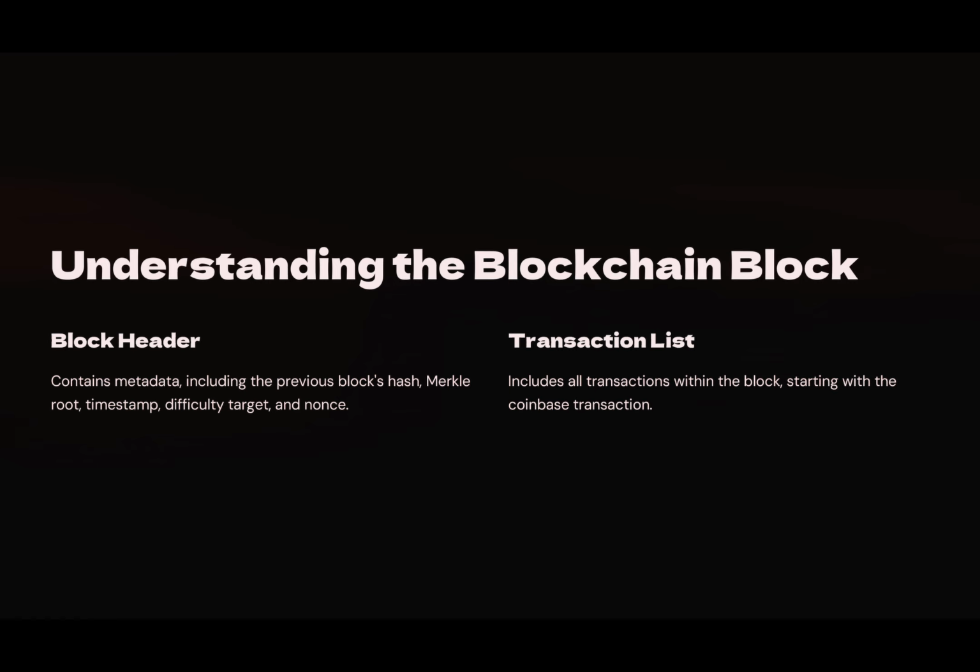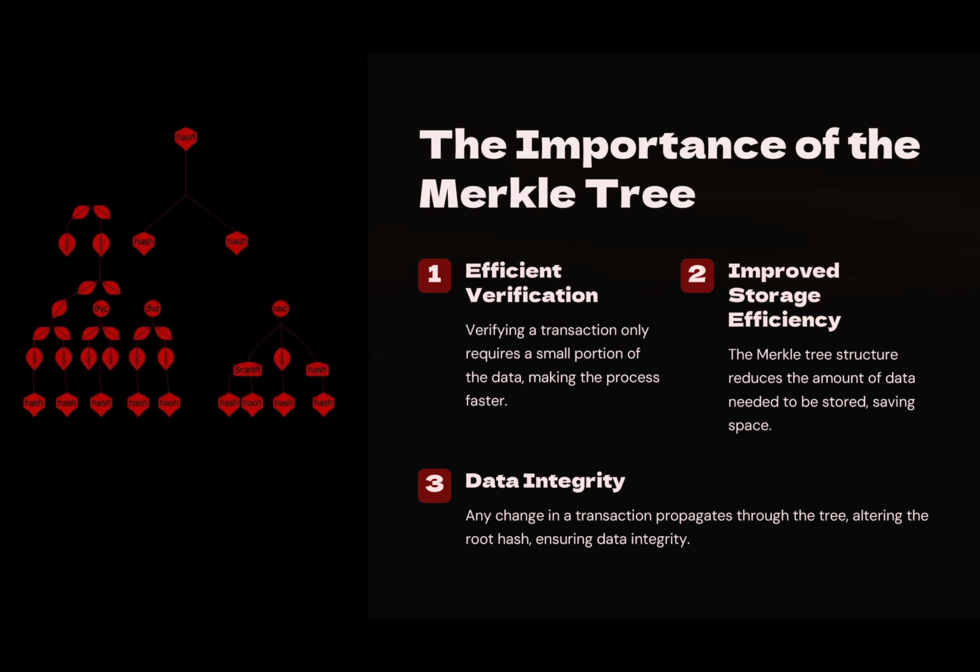We will focus on the Merkle tree and the Merkle root, and we will discuss the usage and the benefits of that. We need to be curious about why we need a Merkle tree. Imagine a block with thousands of transactions.